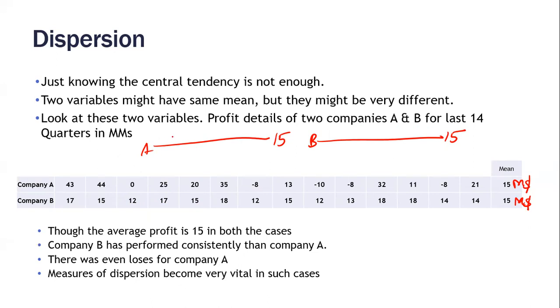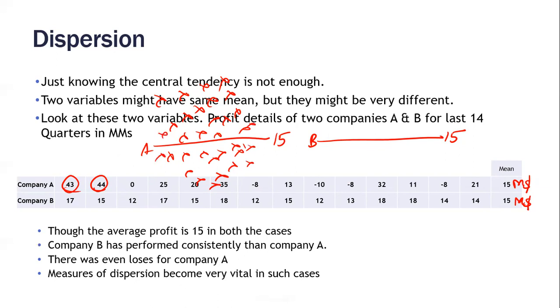However, for company A, sometimes the profit is way above $15 million, 43, 44, like that. Sometimes the profit is way below 15, sometimes even losses were there. Loss, isn't it? Agreed or not?